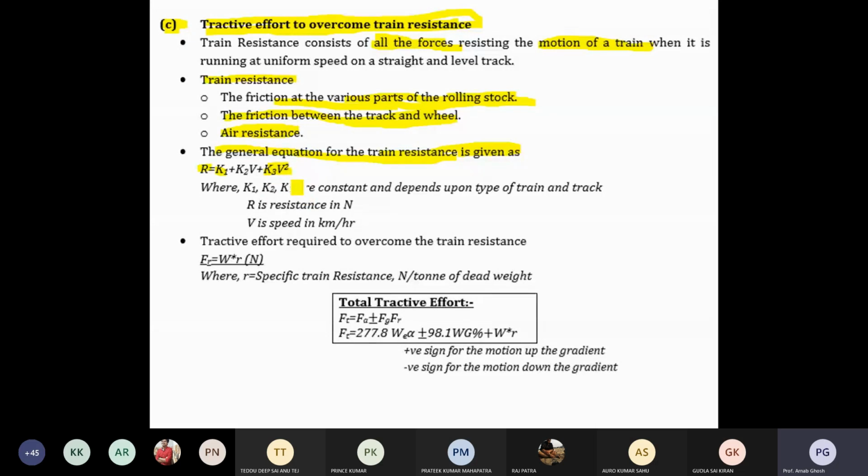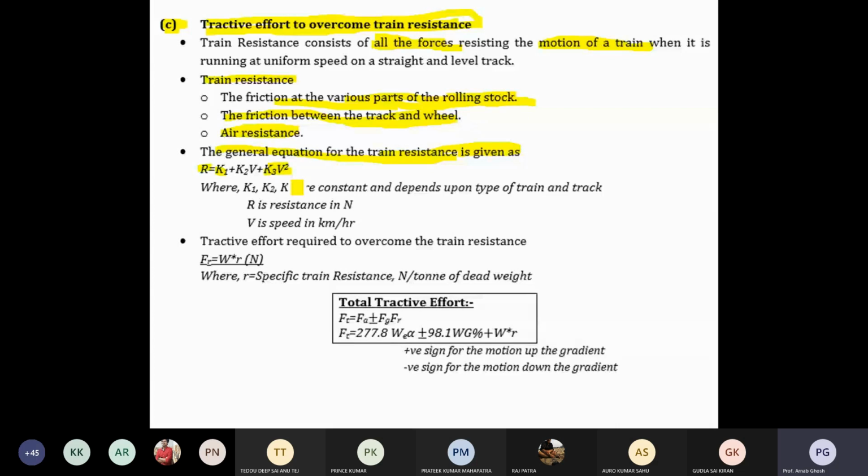Where do you get that expression from? If you have gone through the subject of drives, it discussed different types of load. Fan load means the fan is rotating in the air, so it needs to overcome the air friction.